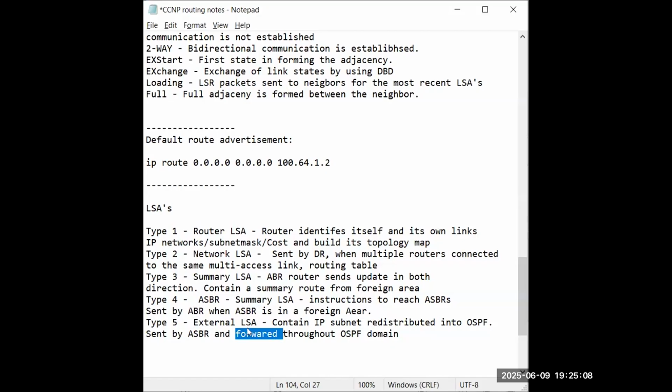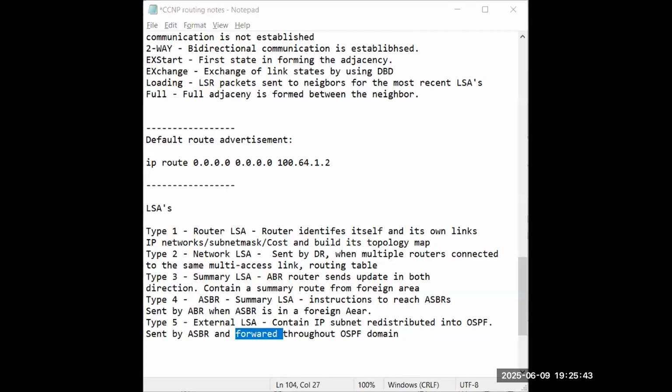This is the first time you're seeing this concept, but when you try to understand this by yourself, by reading the definition or referring to a topology, it will be easy for you to see in the bigger picture how the LSA packets are sent within the OSPF, or how an external packet is injected into the OSPF network.